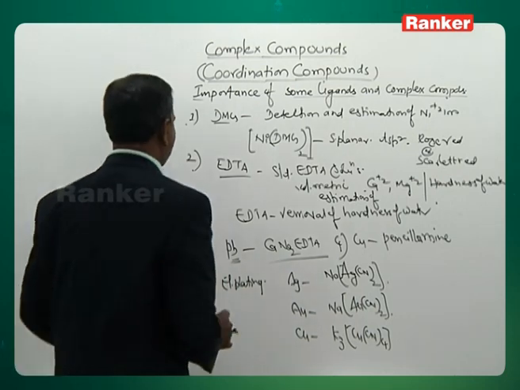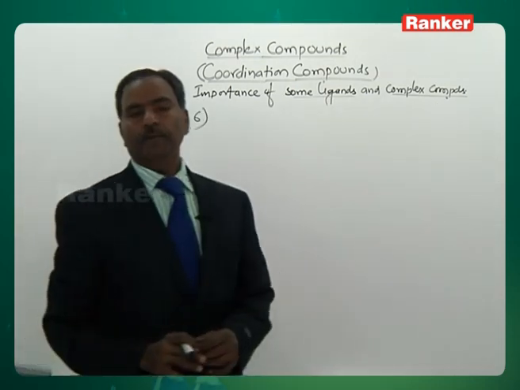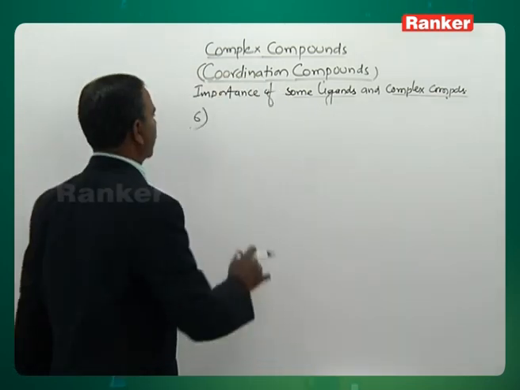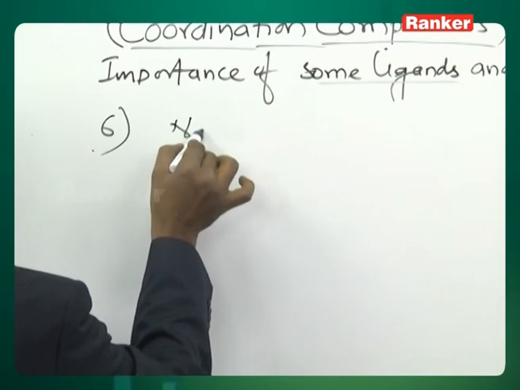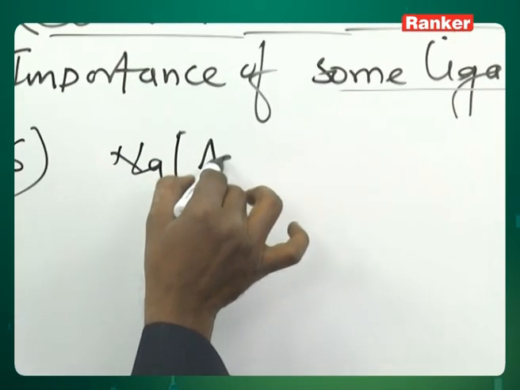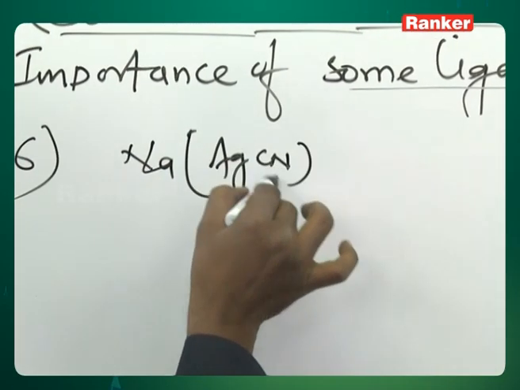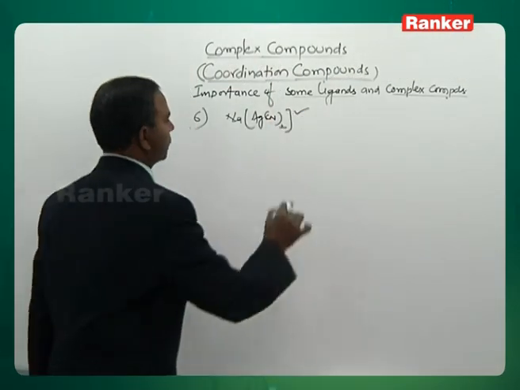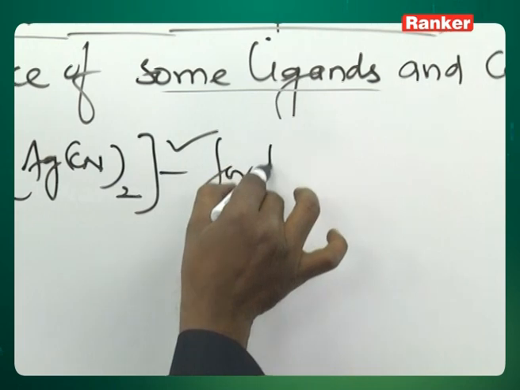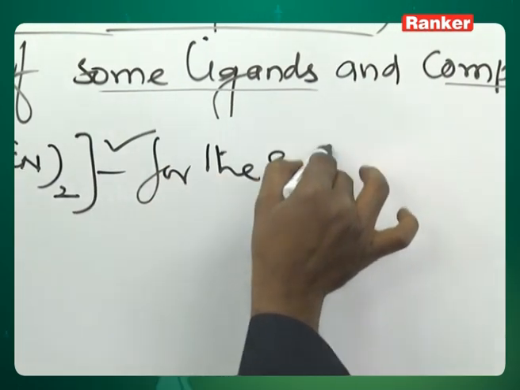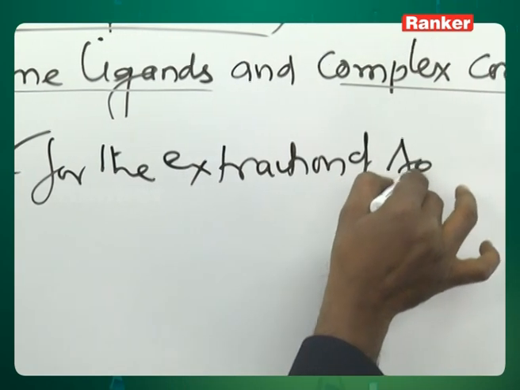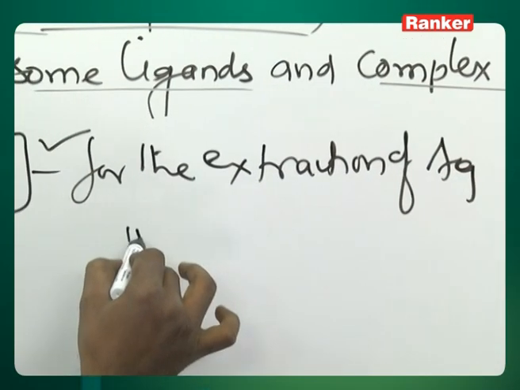Next, some more are there. We will discuss hydrometallurgy. For the extraction of silver and gold, the complex used is Na[Ag(CN)2]. This particular complex is used for the extraction of silver in hydrometallurgy.